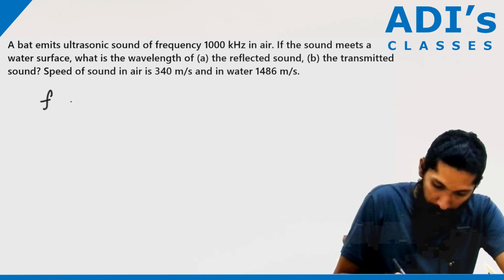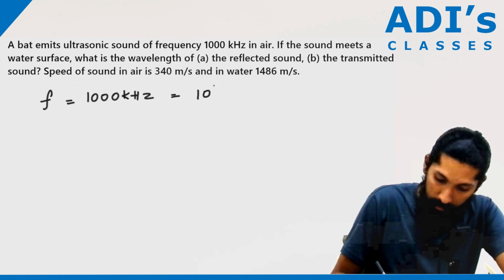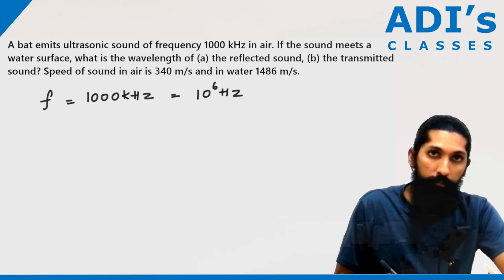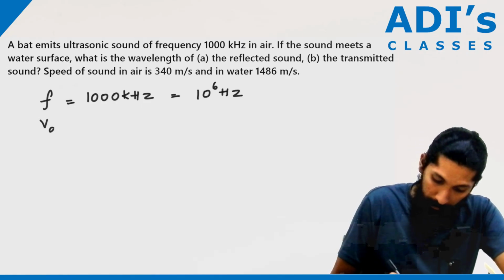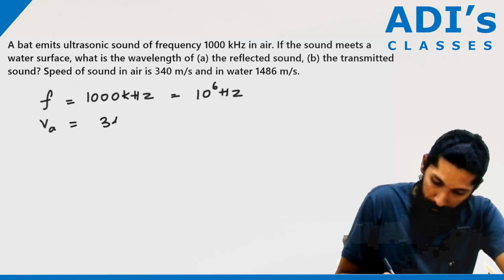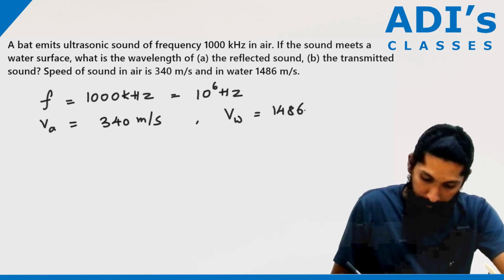The frequency is given to be 1000 kilohertz, which is 10 to the power of 6 hertz. Now velocity in air is given to be 340 meter per second. Velocity in water is given to be 1486 meter per second.